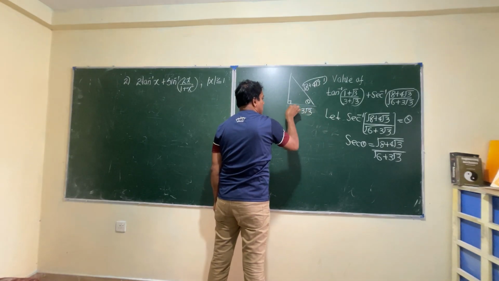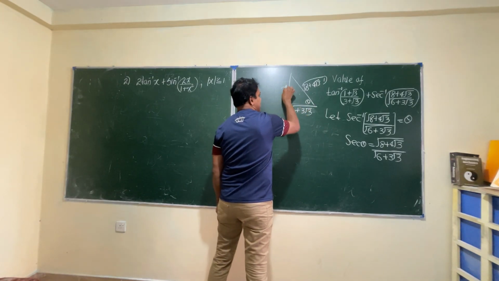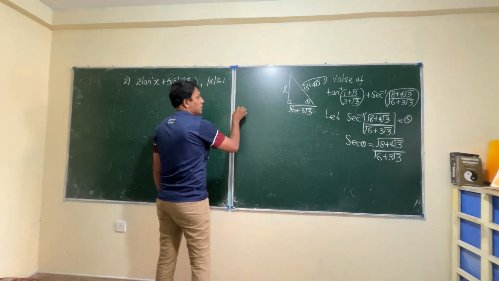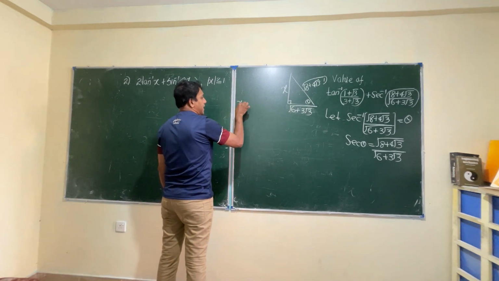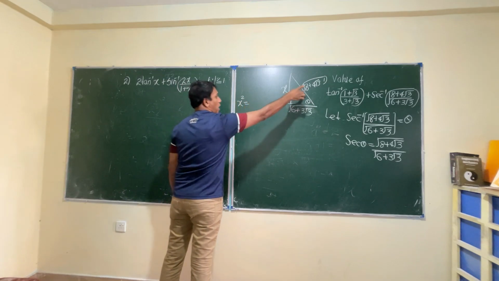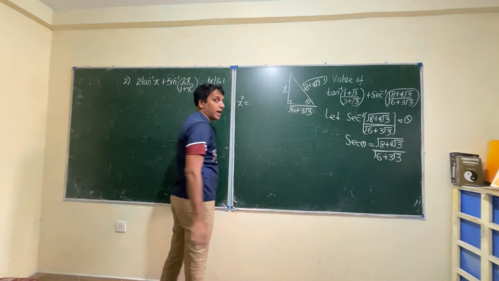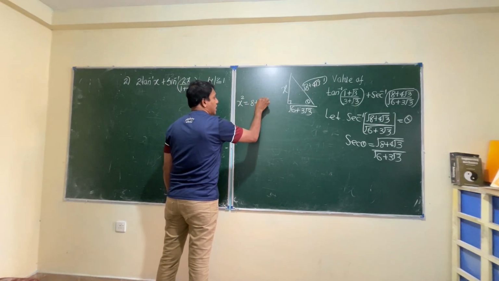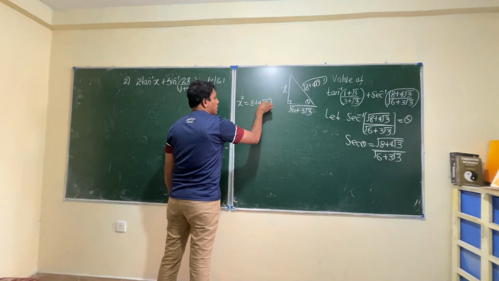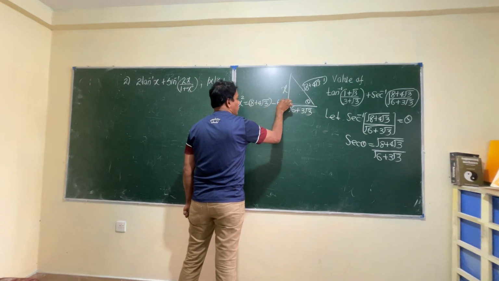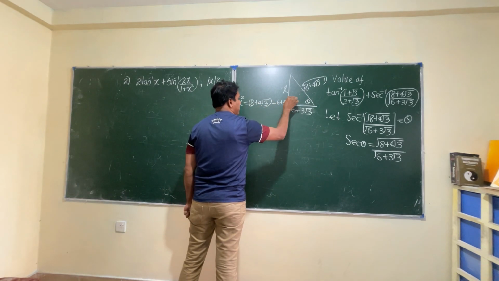Okay. Then see this x. I apply Pythagoras to find the x value. So x square equals what? Square of this minus square of that, right? Therefore, no square root, the bigger one removed, and minus this one, 6 plus 3 root 3.